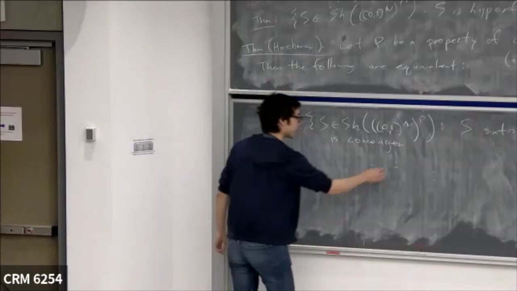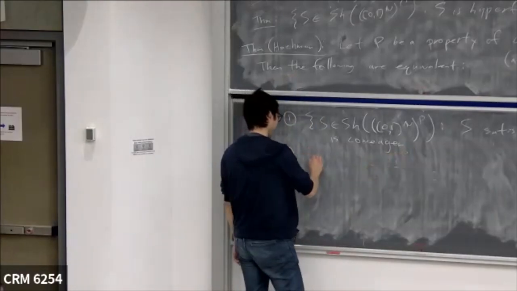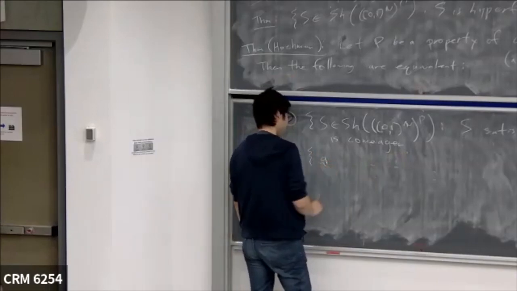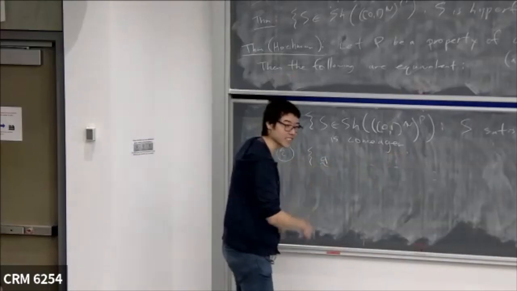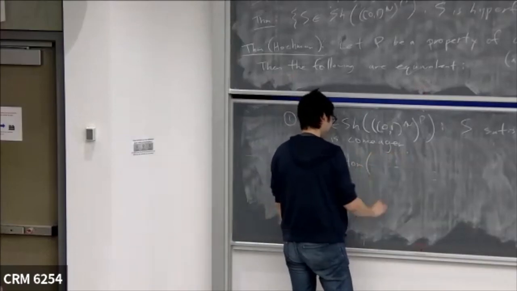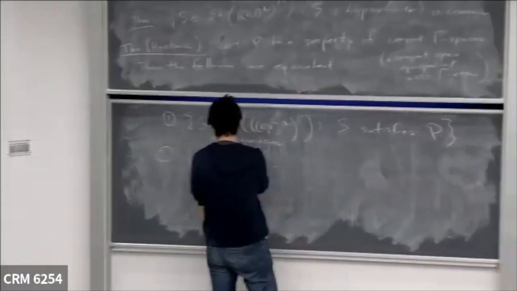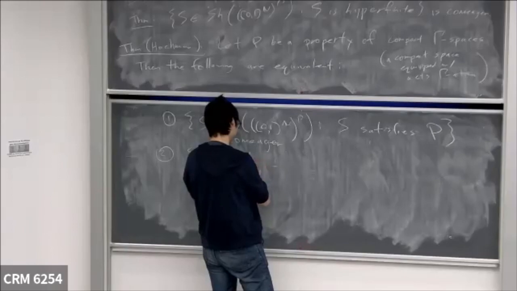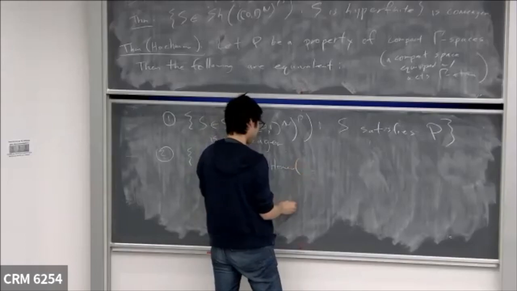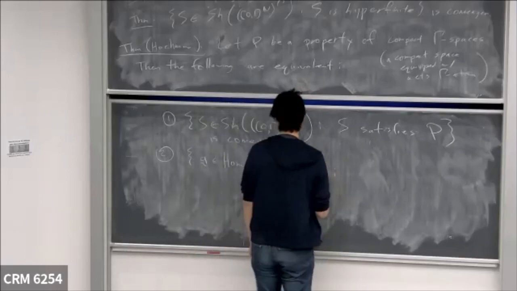Okay, so one thing is that this is comeager, and then the other thing is that some completely different set is comeager. It's the set of actions of gamma on the Cantor space that satisfy this property.